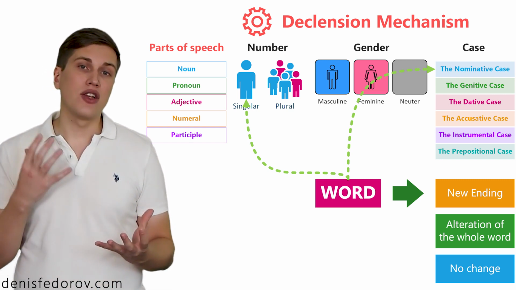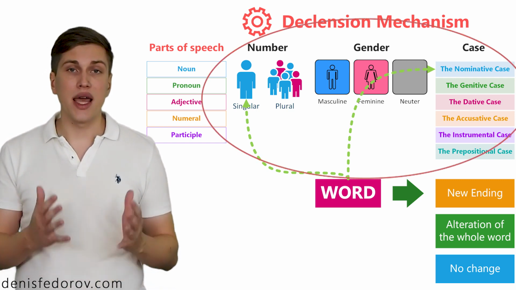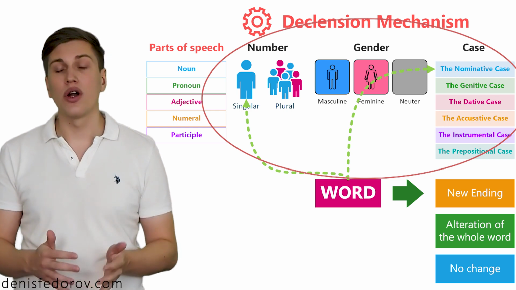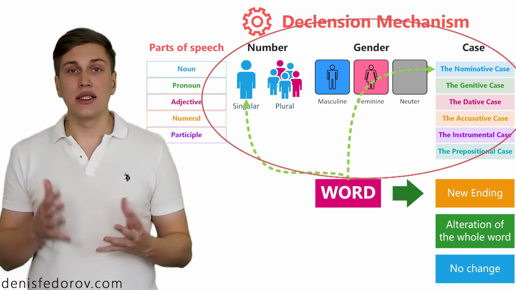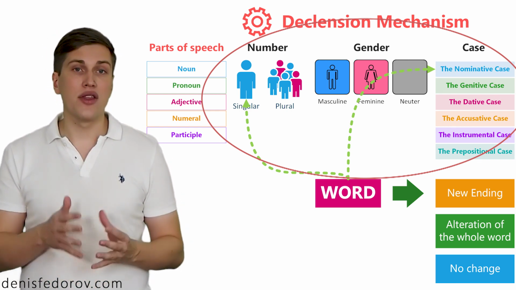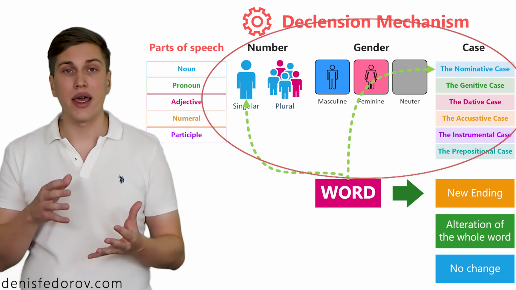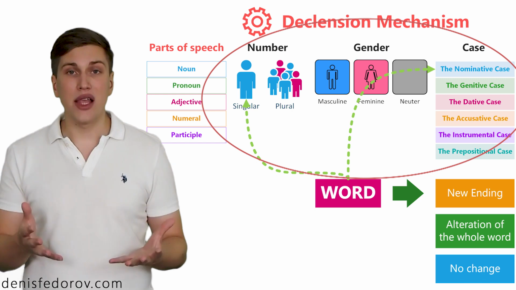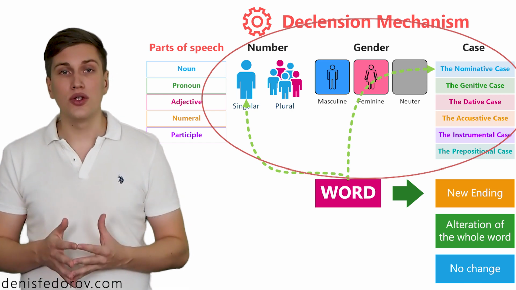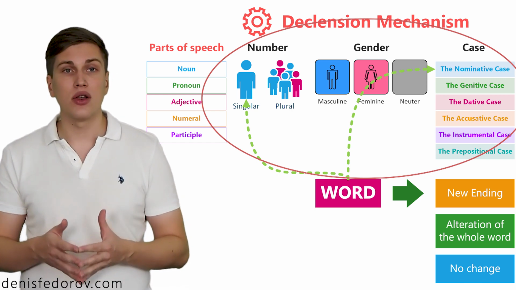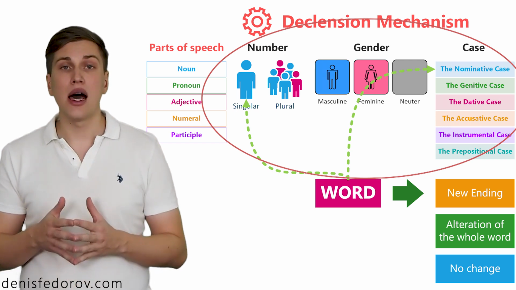Declension means a transformation of the word in a case, a form, or a gender. And it's important to understand that this thing, which people call cases, is a declension, and it includes not only cases but also a gender and a number.